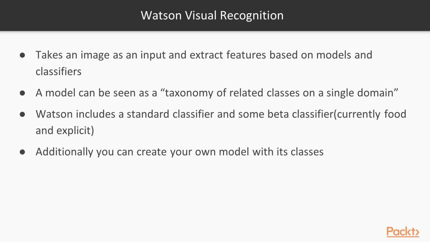So Watson includes a standard classifier and some beta classifiers out of the box. Currently, there is the food classifier that takes images of food as input, and explicit, that detects pornographic content inside images. Additionally, as I told you earlier, you can create your own model with your own classes.